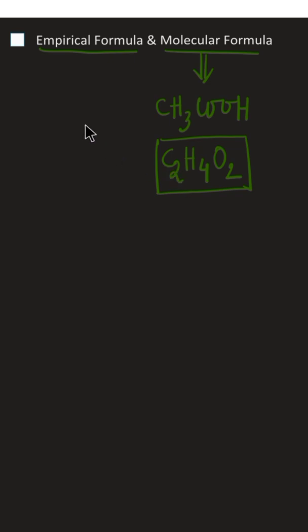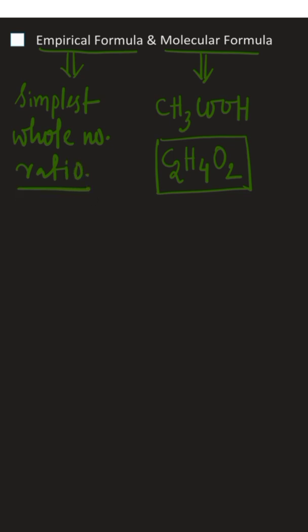Now what about the empirical formula? By definition, empirical formula is the simplest whole number ratio of all the atoms present in a molecule. So how do we find this simplest whole number ratio?